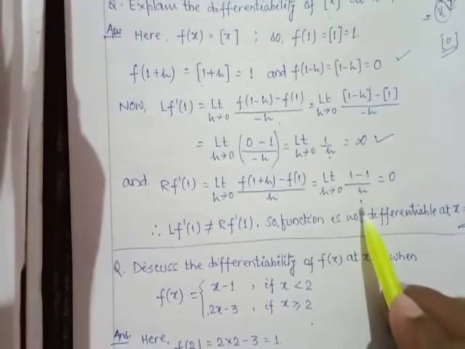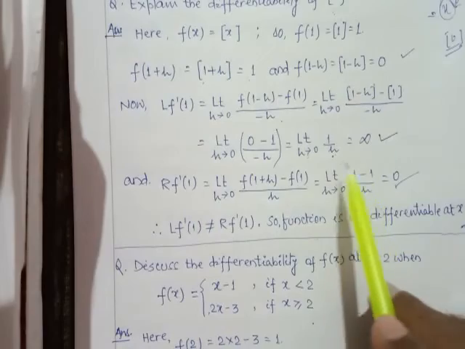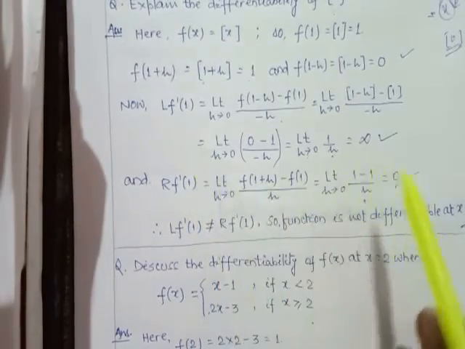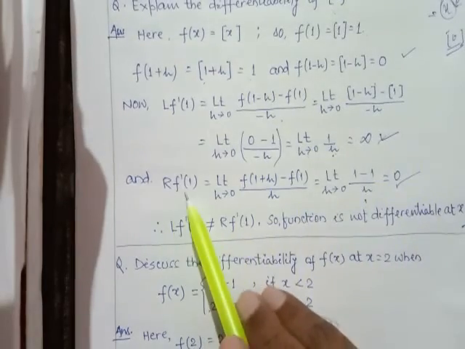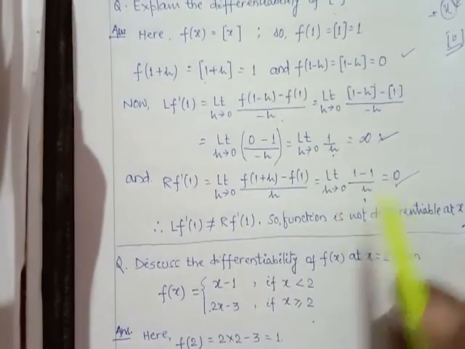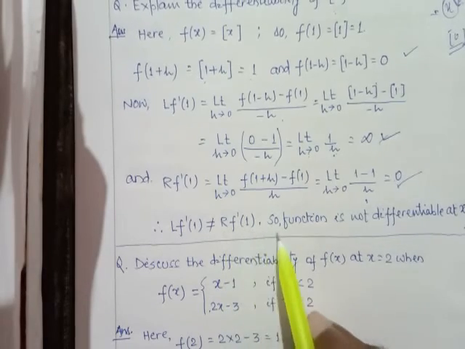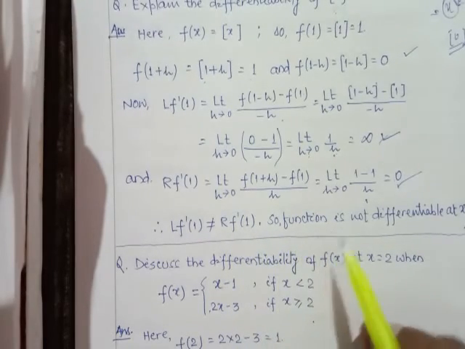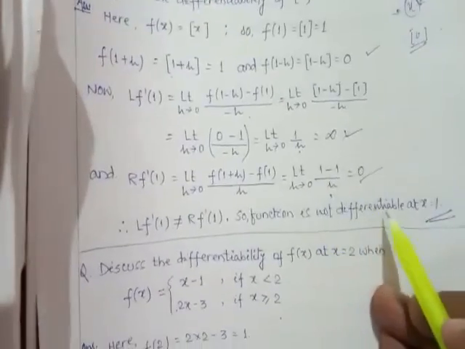So what you see, the left hand derivative at 1 is undefined, the right hand derivative at 1 is 0, so they are not equal. Hence the function is not differentiable at x equal to 1.